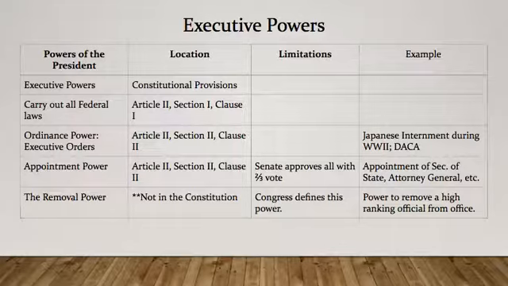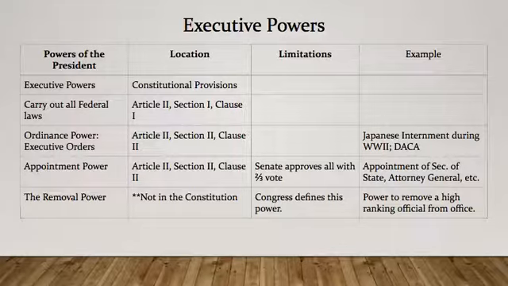Some common examples of executive orders that you may have heard of: one of those would be Japanese internment during World War II. That was an executive order from Franklin Delano Roosevelt, who was president during the beginning of World War II. And also DACA, which you may have heard of, has been in the news recently.